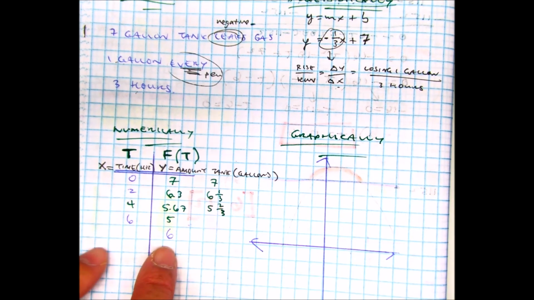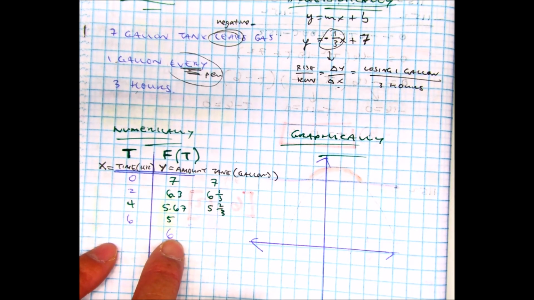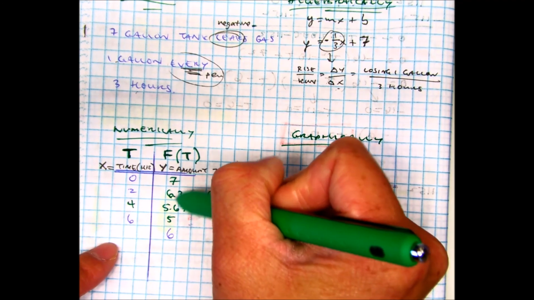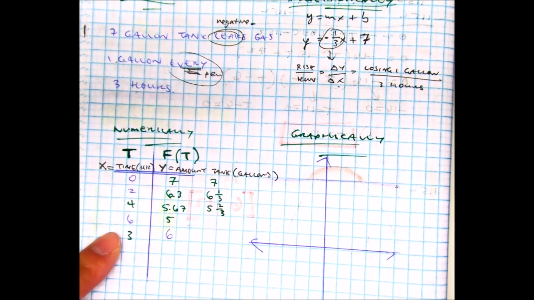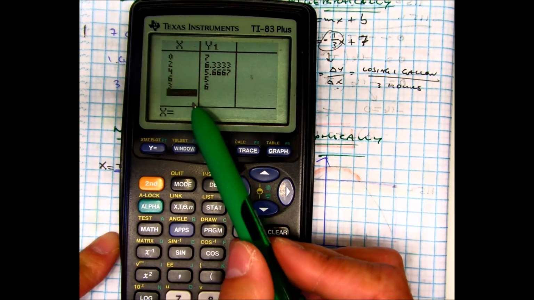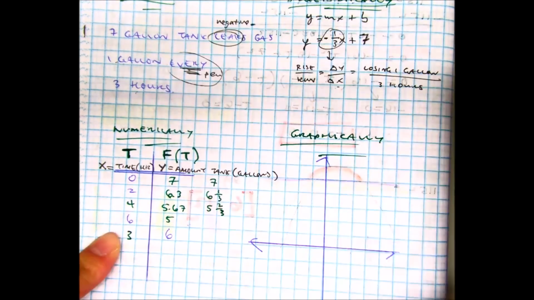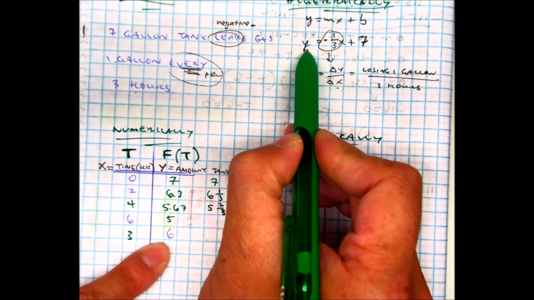And then what input would give me an output of 6? Well, you can use your table of values, right? 6 is in between 2 and 4. And the answer is actually 3. You can put in 3 there, and it gives you 6. You can also figure out that value by just putting 6 over here on the y value.